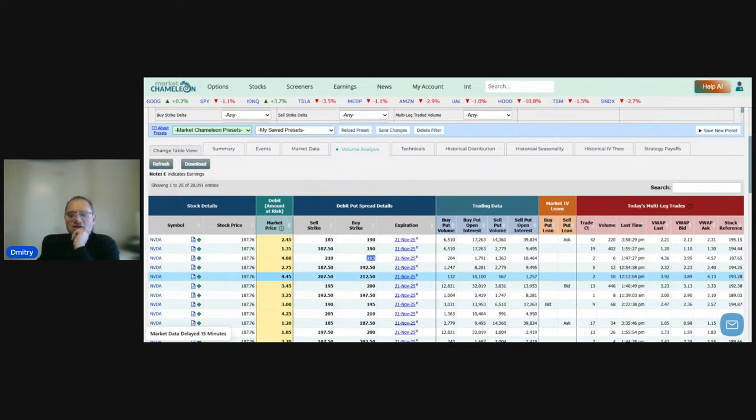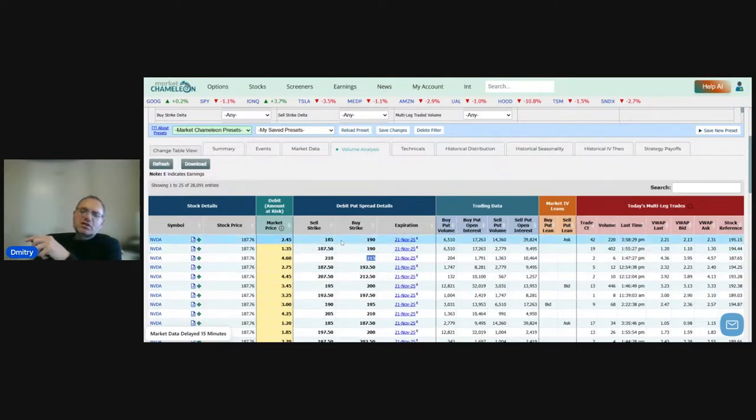So now what we want to do is keep going from left to right. And here we see some of the data statistics for each of the legs. On one leg, the buy side, there's 6,500 contracts, 17,000 open interest, 14,000 volume, and on the sell side, strike, 39,000 open interest.